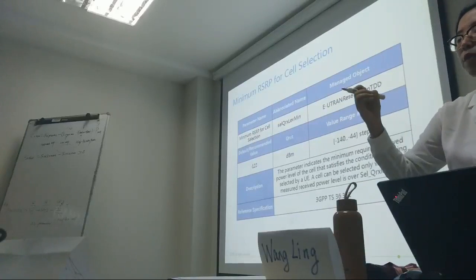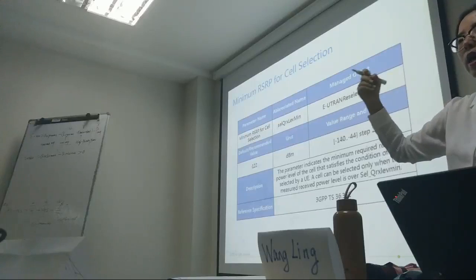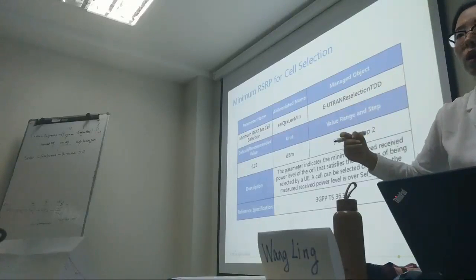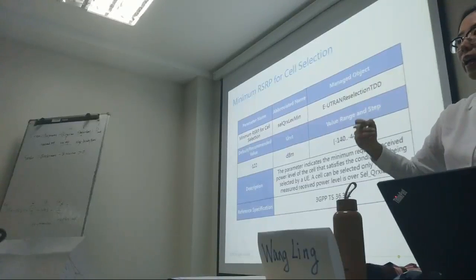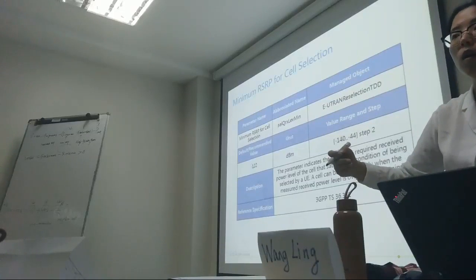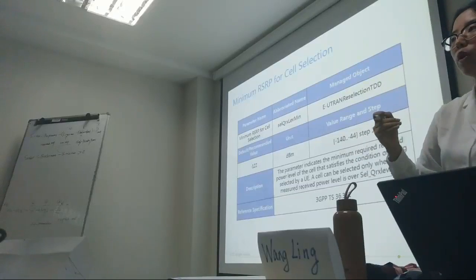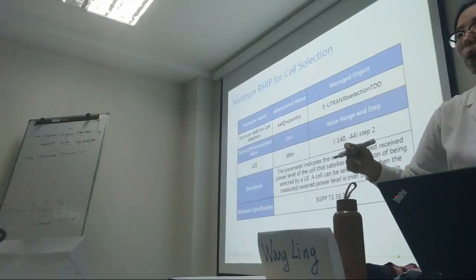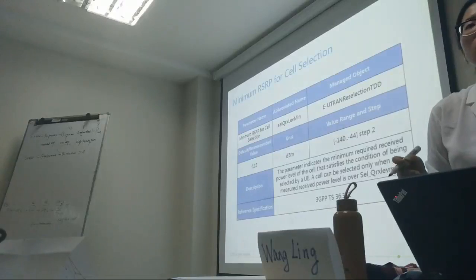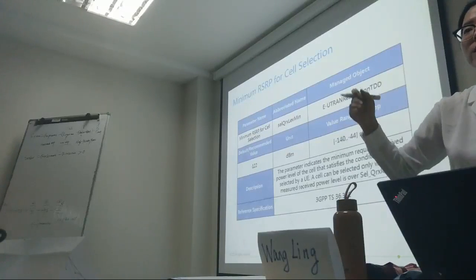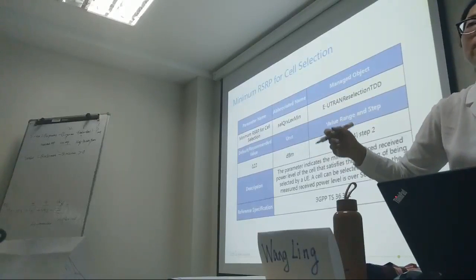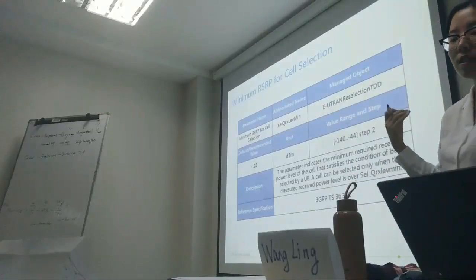If you set this value lower, a small value, the UE can easily select this cell. But if this value is too low, even though the UE can select the cell, maybe the UE cannot do service because the coverage is too bad. So this is the value.